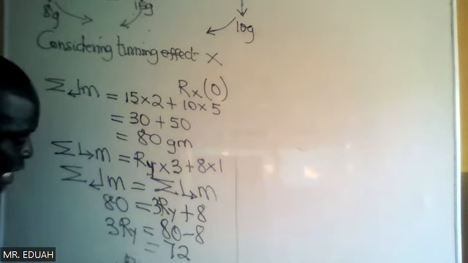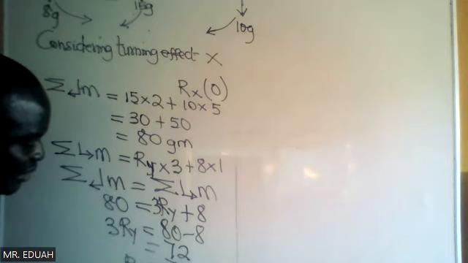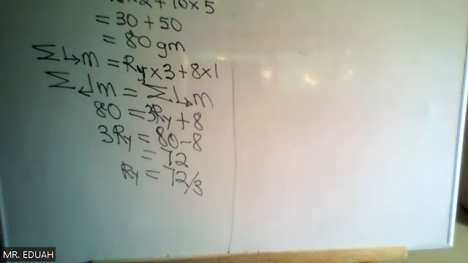Therefore, Ry is equal to 72 divided by 3. What is 72 divided by 3? 24.